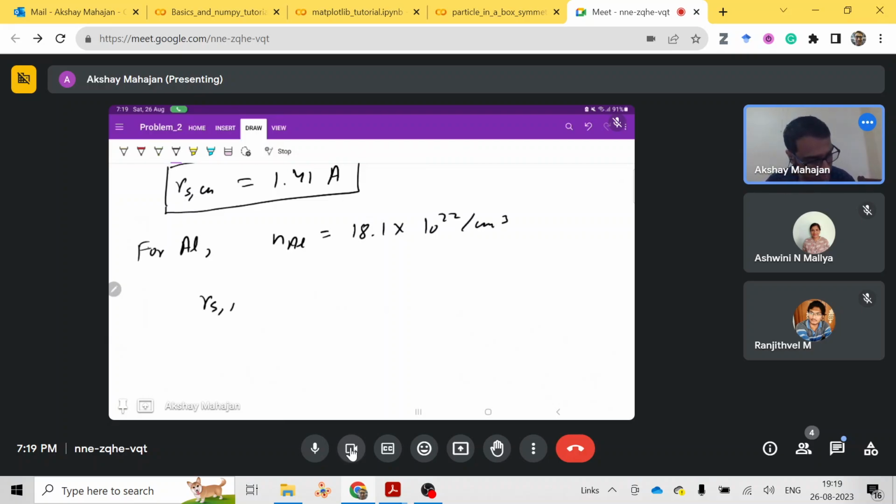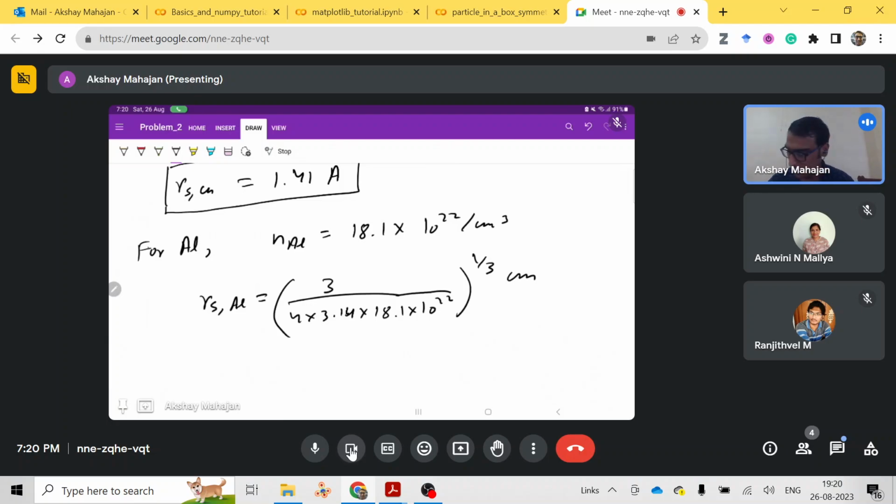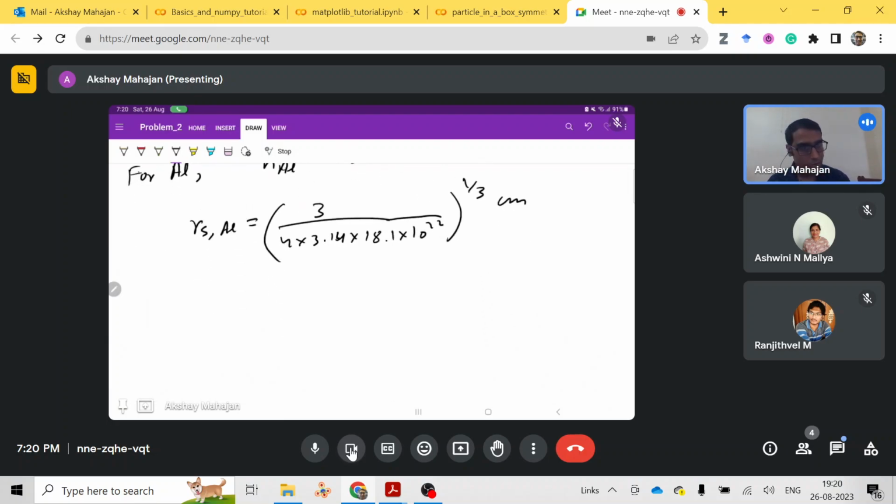Rs of aluminium will be equal to, again just put all the values, 4 into 3.14 for pi, and 18.1 into 10 to the power 22, to the power 1 by 3 in centimeter. And again you can do the calculation, and what we will get is 1.09 angstrom.